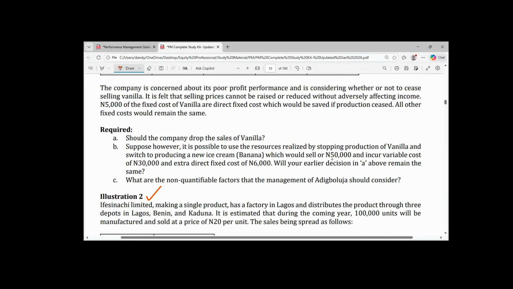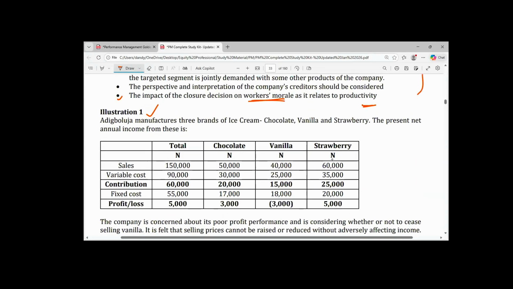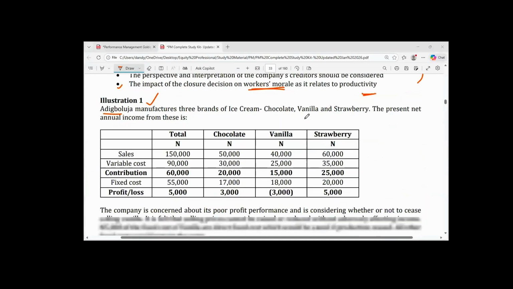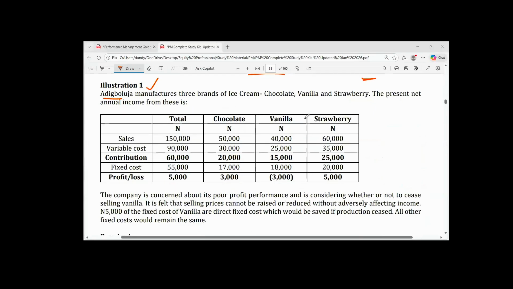In any case, let's start. Now, I need somebody to read for us illustration number 1. In your material, go to page 32, illustration number 1. Somebody should help us. Who's reading for us?